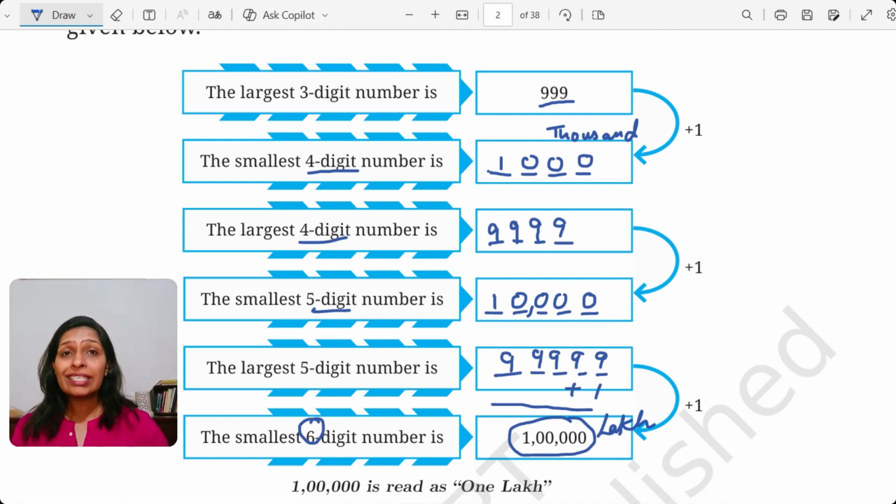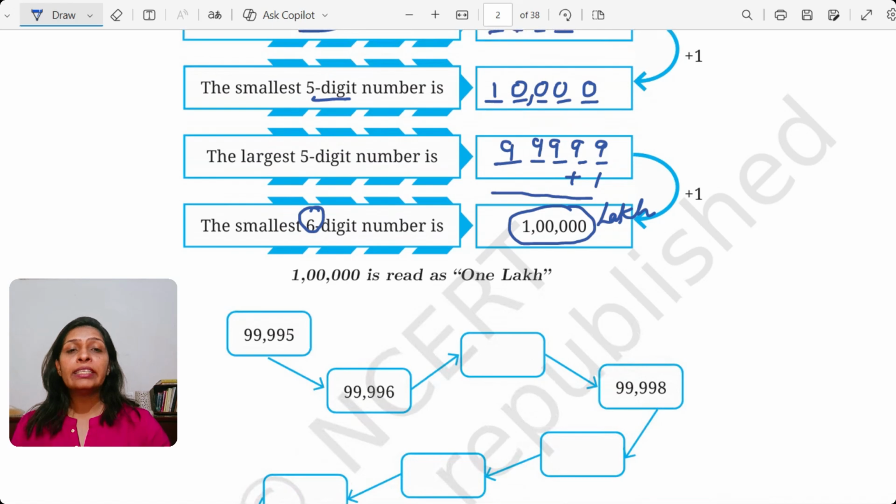How many zeros does a lakh have? It has 5 zeros. And as per the Indian place value system, we leave 3 digits, then put a comma, and after a gap of 2 digits, we put commas, right? So this number is 1 lakh. So how many zeros does a lakh have? A lakh has 5 zeros.